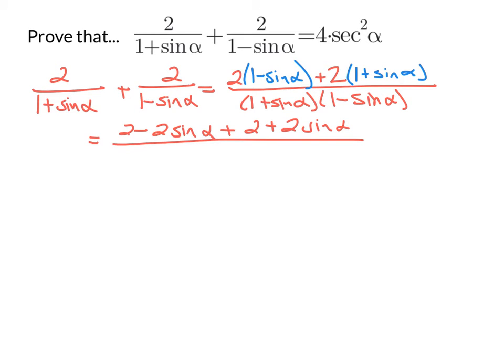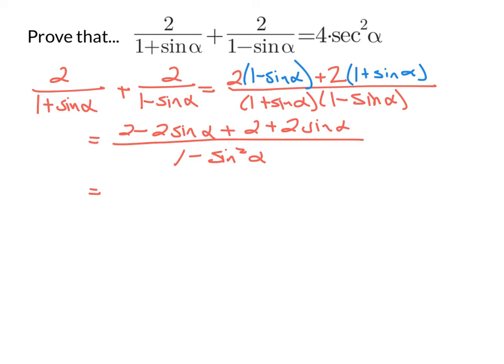And I know that a lot of you don't want to write out the denominator, but you have to every time. Here, when I have 1 plus sine times 1 minus sine, that's the difference of two squares, so that's not too bad. But don't get lazy and ignore your denominator, because as soon as you get rid of your denominator, now you've made a statement that isn't true.